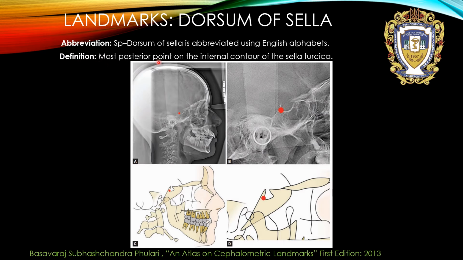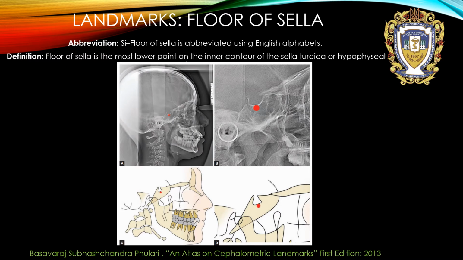It is the most posterior point of the internal contour of the sella turcica. Floor of sella or sella inferior. Floor of sella is the lowest point of the inner contour of the sella turcica or hypophyseal fossa.